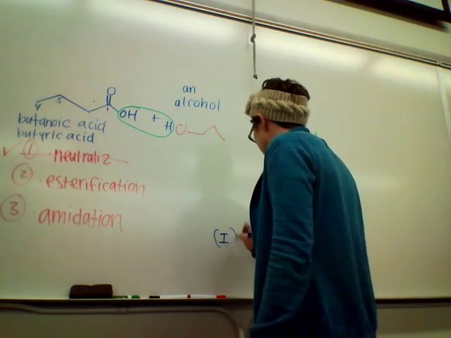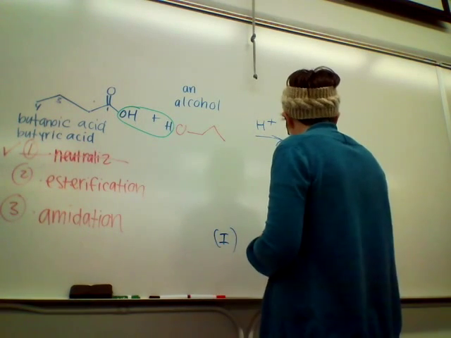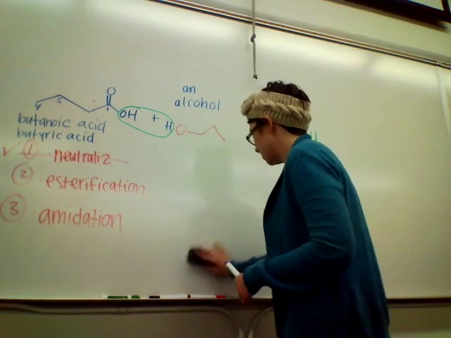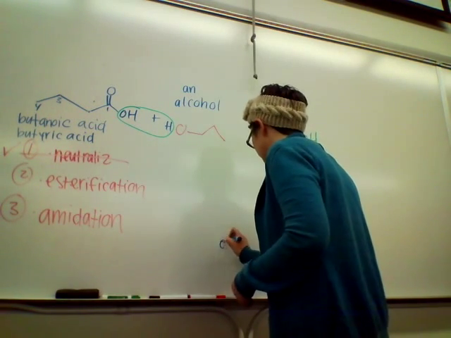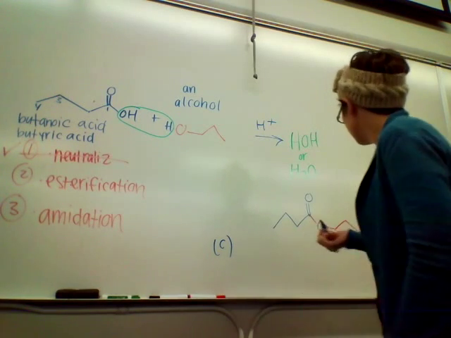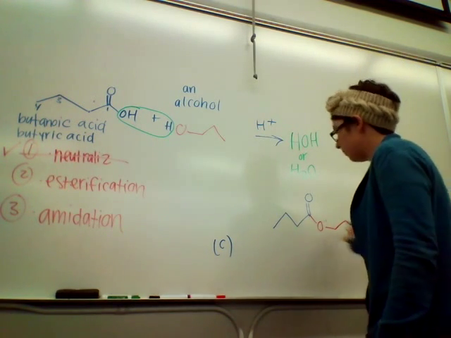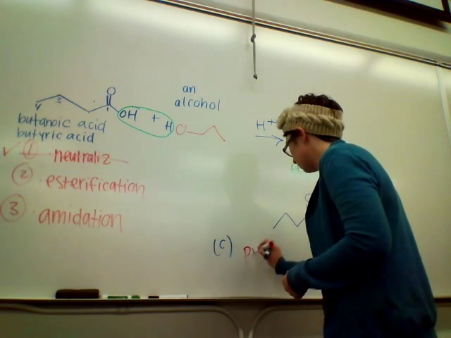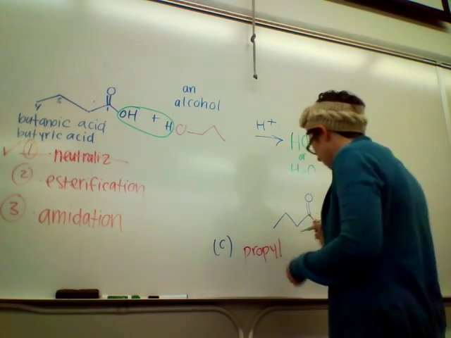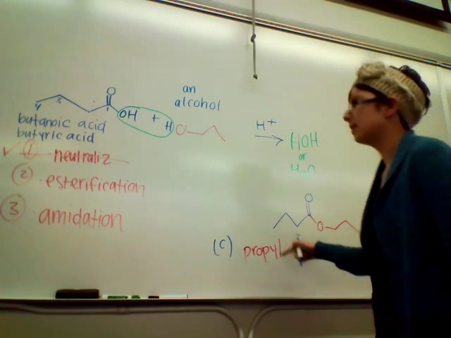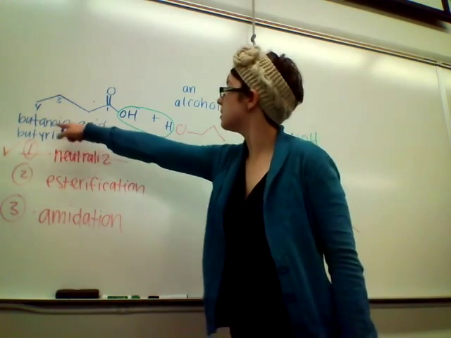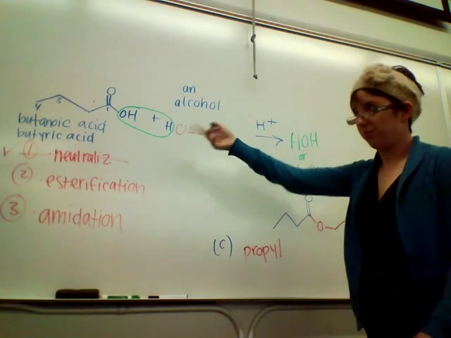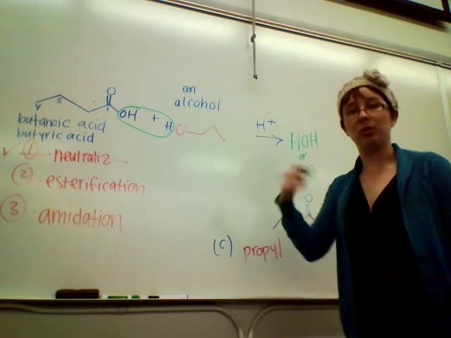And for esters, we have propyl, and then you leave a space, and then you take the acid component, butanoic acid, but you're turning it into butanoate.